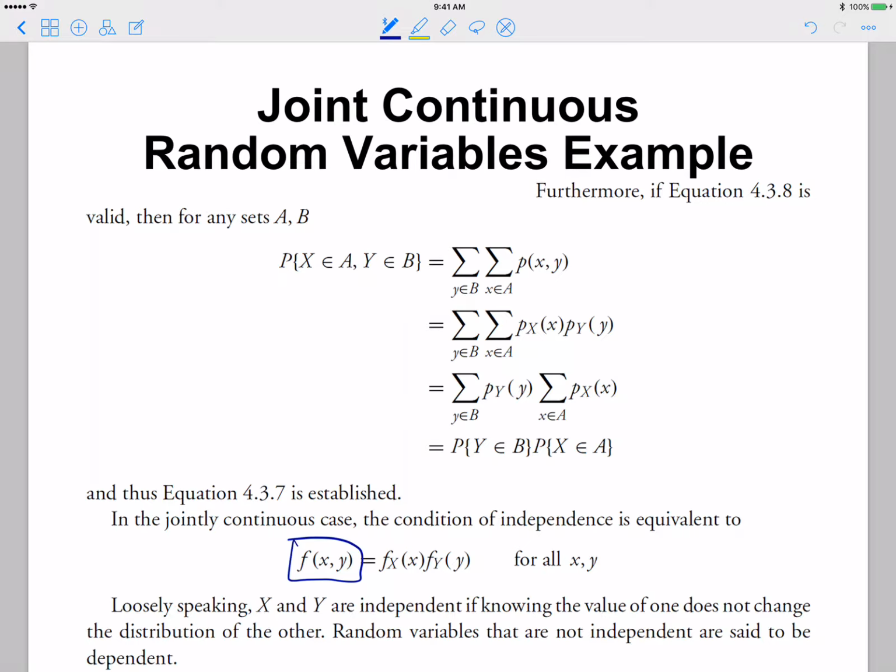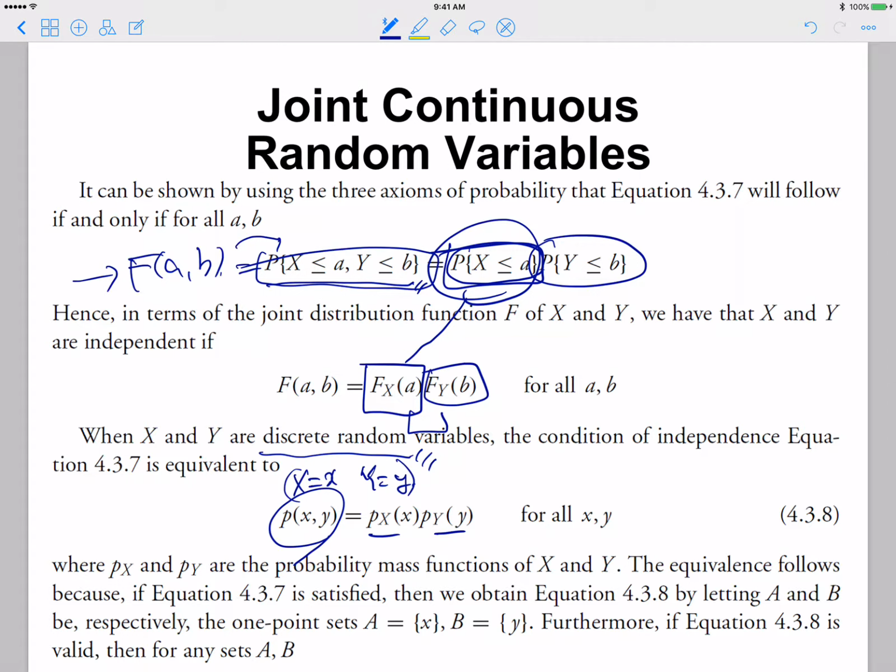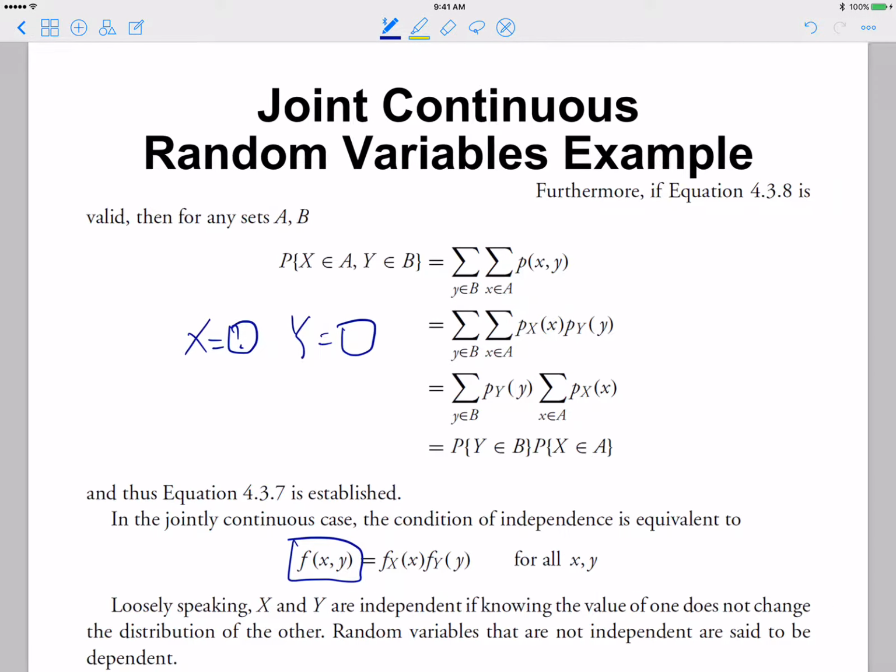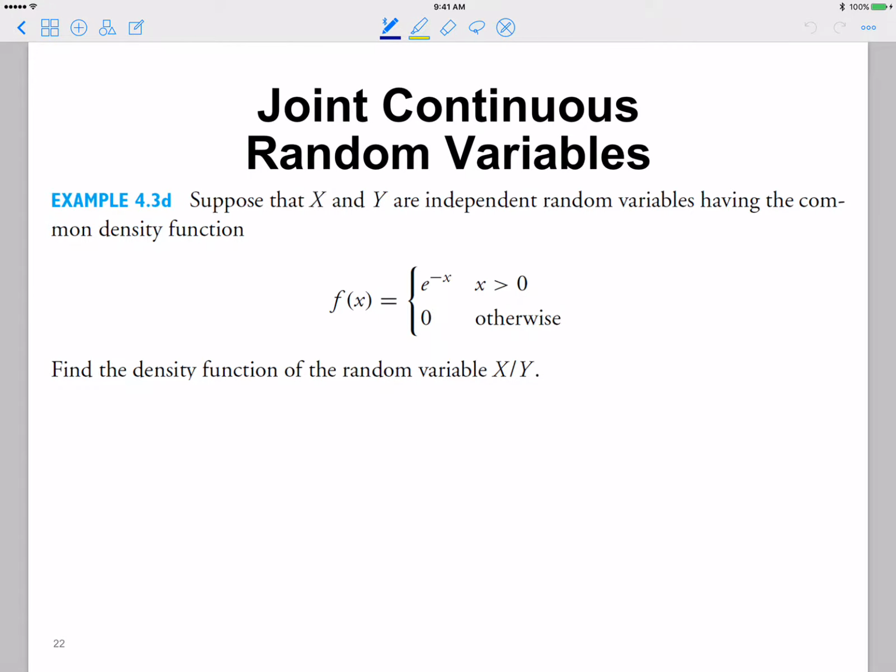For any point x and y, for possible values of these two variables, this should be decomposed into that. This is true only when this density function can be decomposed into two. Okay, so let's skip the proof here. Then look at the example.